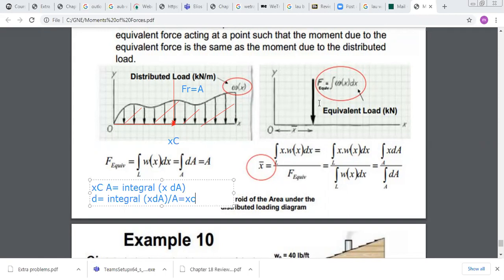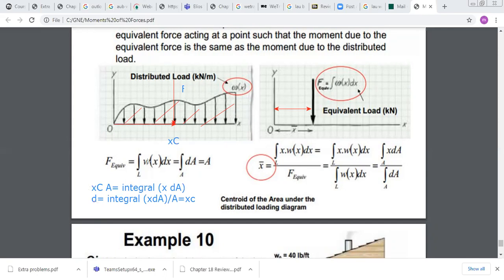I said that d should be in a way that the moment of F about O is equal to the moment of the distributed load about O. Okay? And when I wrote the condition of equal moment, I obtained that the distance d between F and O should be equal to integral x dA over A. But if I compare with the equation of the centroid position, I can say that the distance to the origin is equivalent to the position of the centroid.